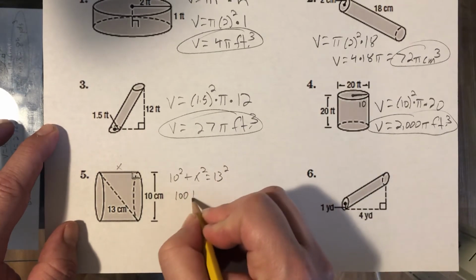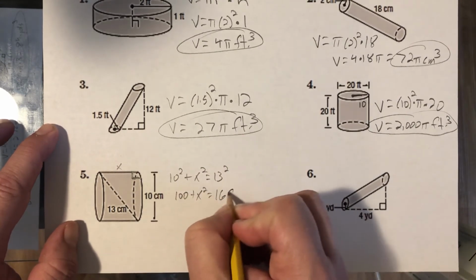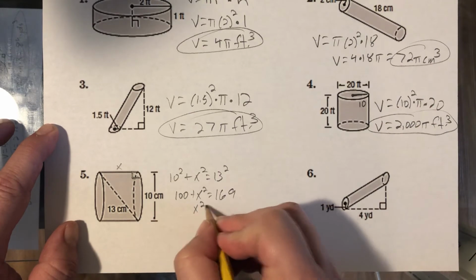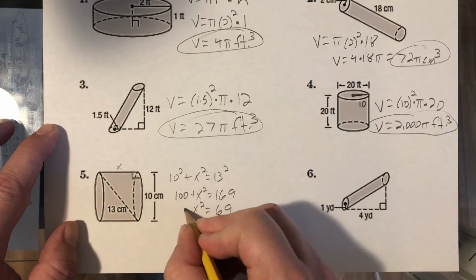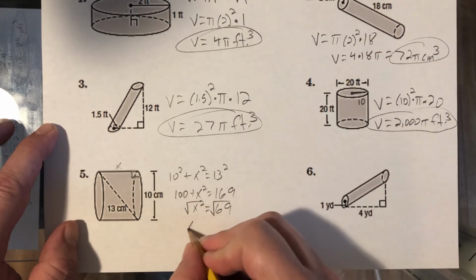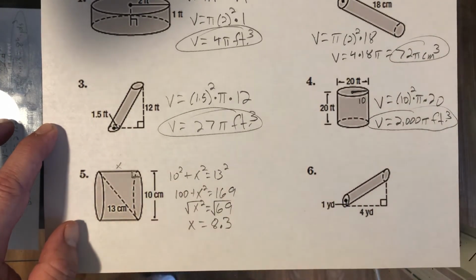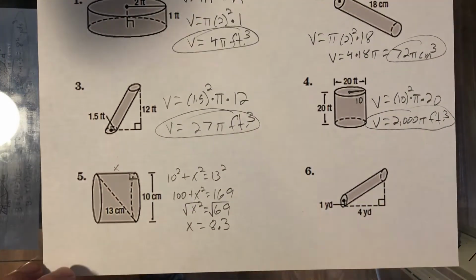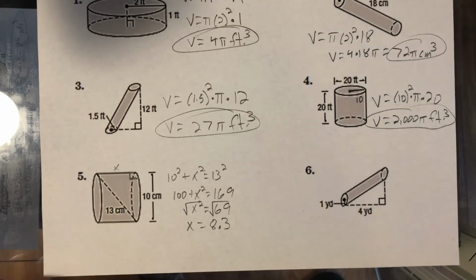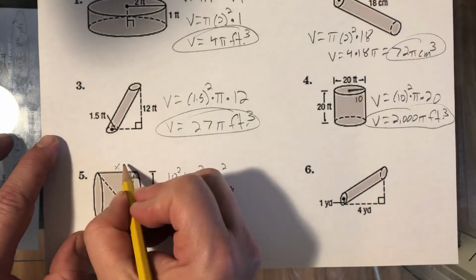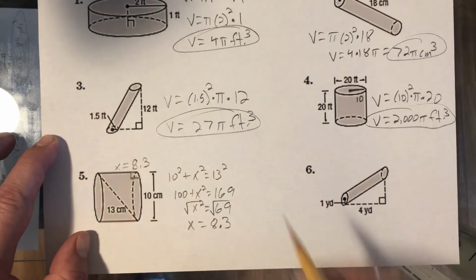So 100 plus x squared equals 169. So x squared equals 69. If we take the square root of both sides, x is going to be approximately 8.3. Again, this is one that we're going to have to round before we put it in terms of pi. But we're going to say that the height is approximately 8.3.